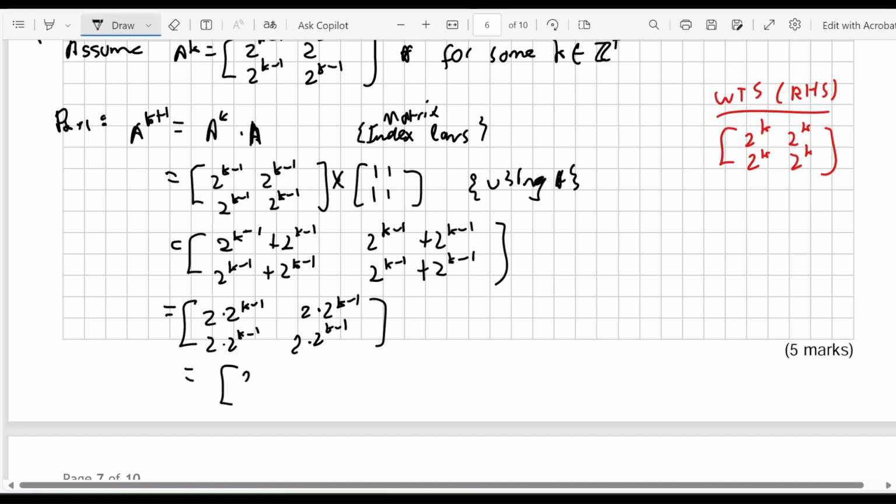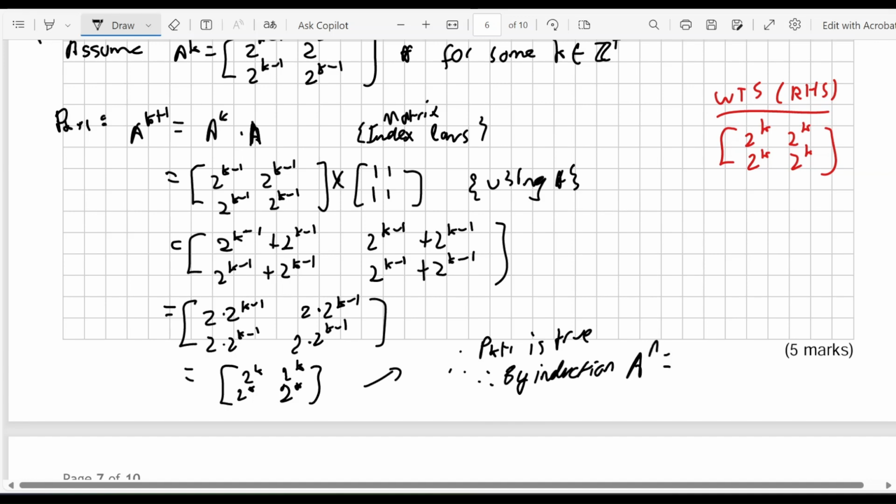And this is 2 to the k, 2 to the k, 2 to the k, and 2 to the k. Therefore, Pk plus 1 is true. Therefore, by induction, A to the n is 2 to the n take 1 in all spots. Wonderful. For all n in Z plus.